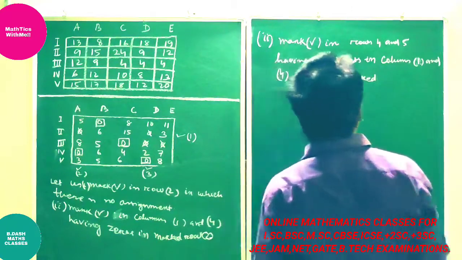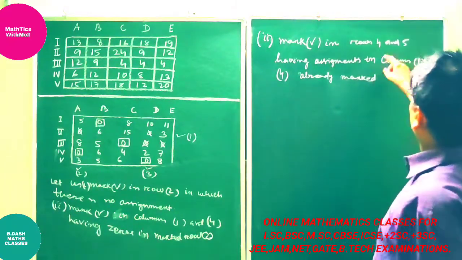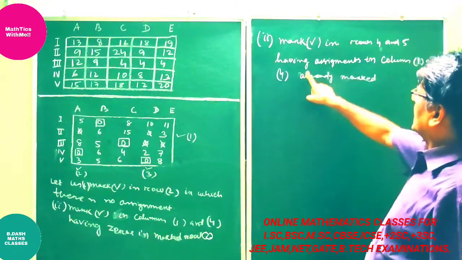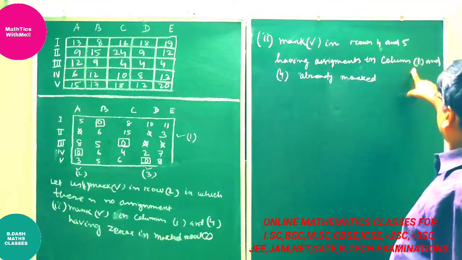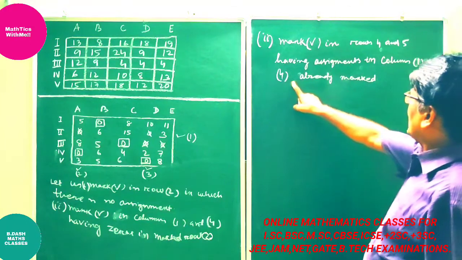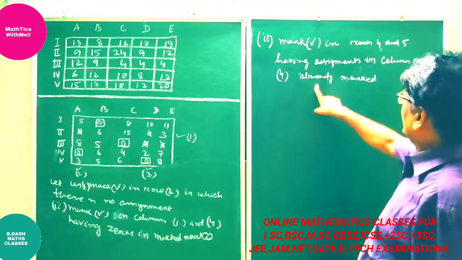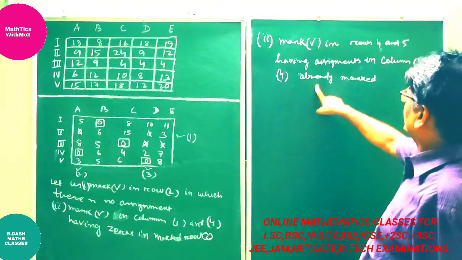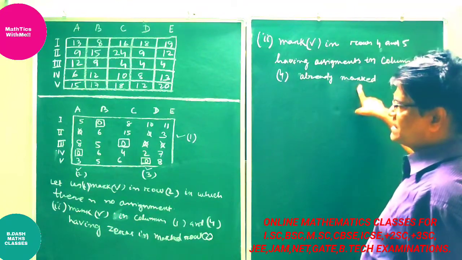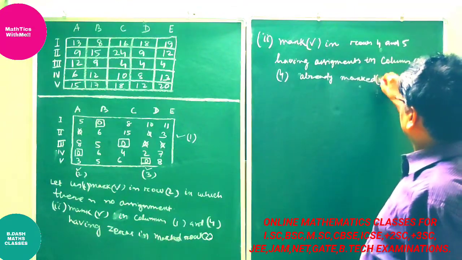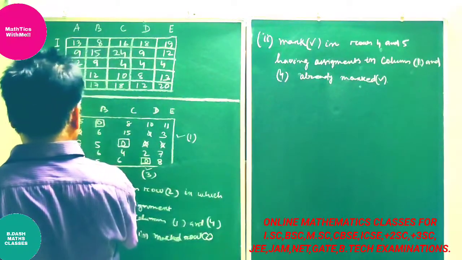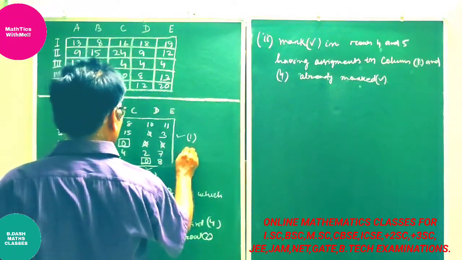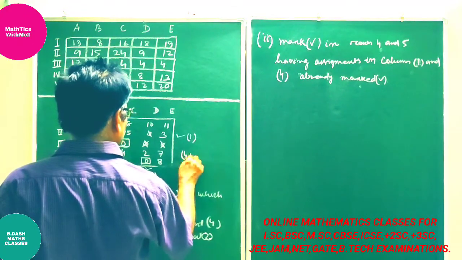So mark tick in rows 4 and 5 having assignments in columns 1 and 4, already marked tick. So that means this here is 4 and this is 5.